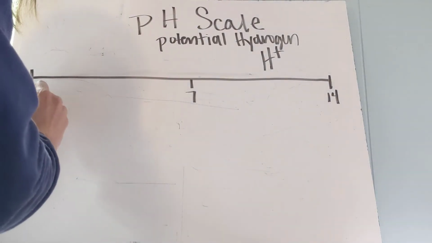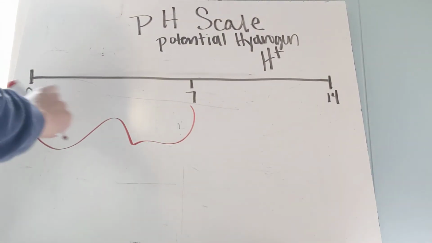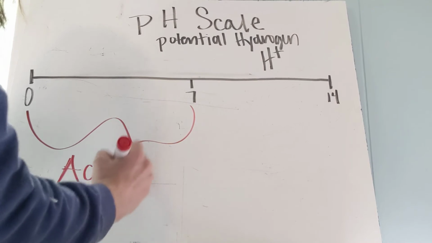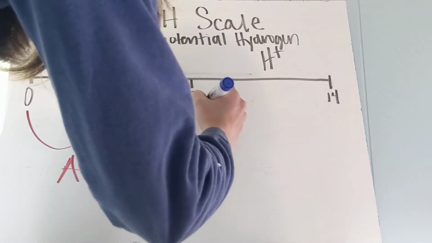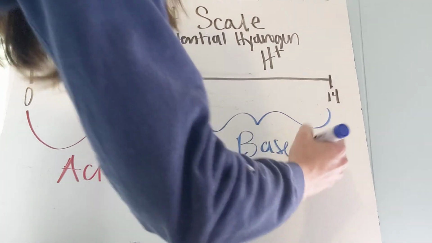For example, if a substance has a pH between 0 and 7, we call that substance an acid. If a substance has a pH between 7 and 14, we call that substance a base.